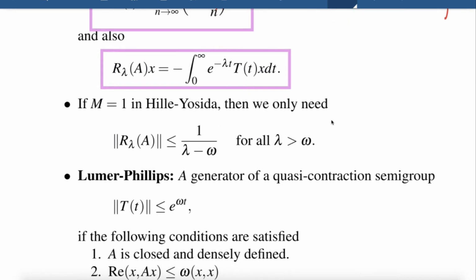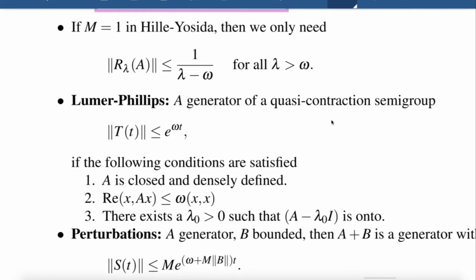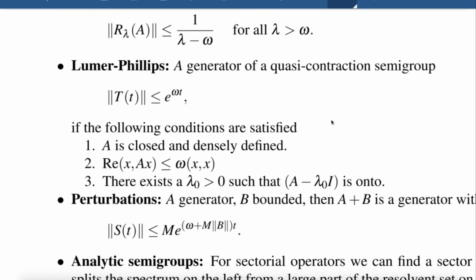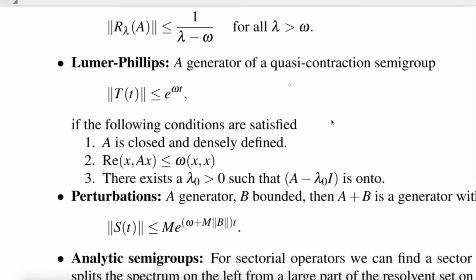If M is 1 in Hille-Yosida, then we obtain a simpler resolvent estimate, which we need to satisfy: 1 over lambda minus omega. Now, Lumer-Phillips is a special case for contraction semigroups, or here we call them quasi-contraction semigroups, where we have a growth estimate with a constant 1 in front. This is what we want to have. And then the conditions to be a semigroup generator are a little bit different.